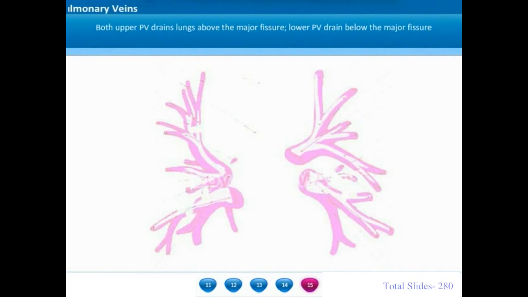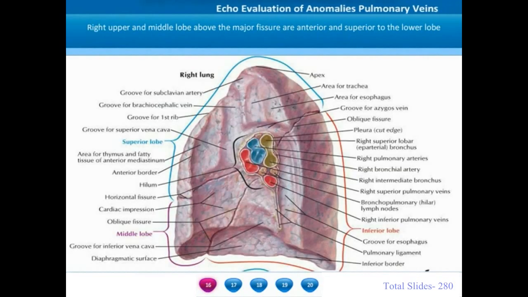When we look at the lung anatomy, we know that the upper pulmonary vein drains the lung above the major fissure and the lower pulmonary vein drains the lung below the major fissure. On the right side, the upper and middle lobes of the lung are anterior and superior to the major fissure, and the lower lobe is posterior and inferior to the major fissure.